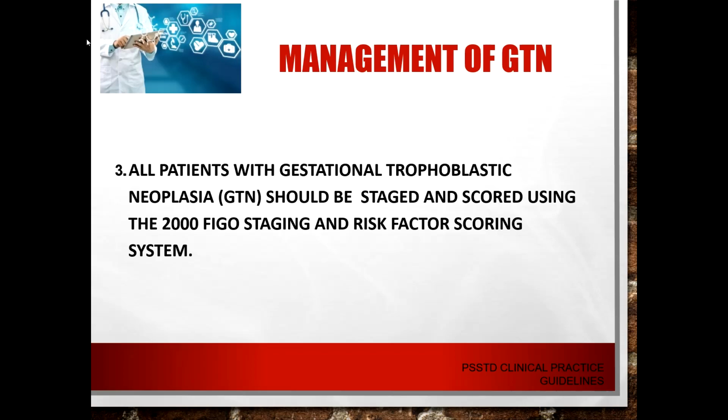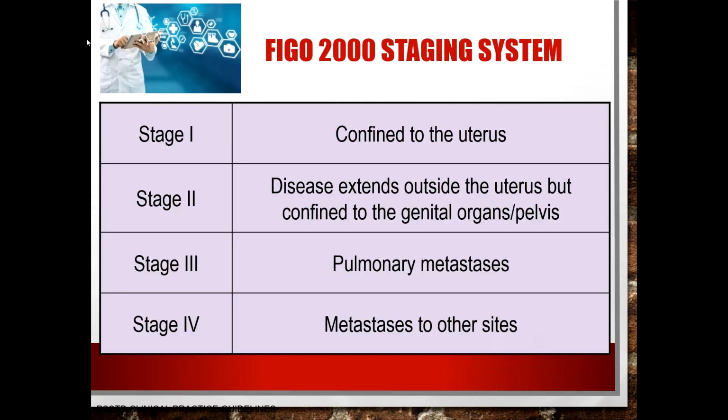It is the FIGO 2000 guideline which has not only standardized GTN classification worldwide, but also proposed well-established diagnostic and therapeutic criteria, and it has standardized the risk factors for chemoresistance, highlighting patients who would benefit from an initial treatment with single agent, or on the contrary, signaling patients who should be initially treated with multiple agent chemotherapy.